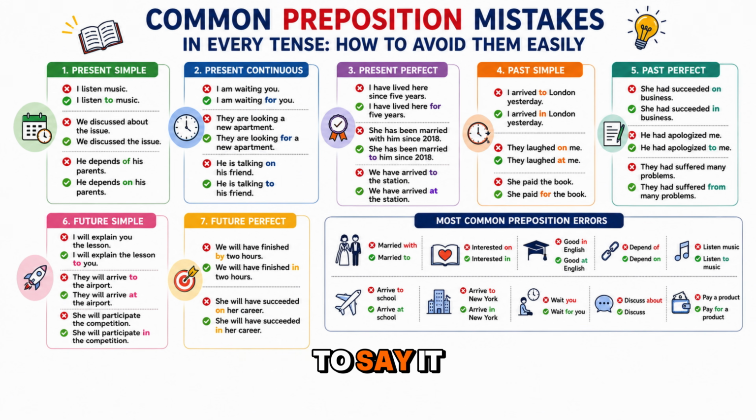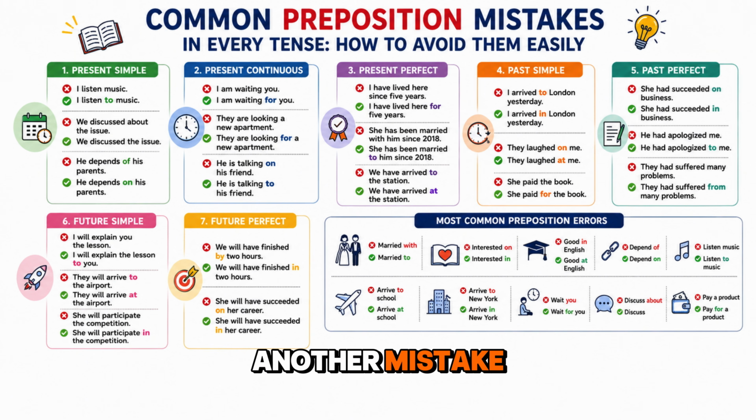The correct way to say it is, "I have lived here for 5 years." We use for when talking about a period of time. We use since when talking about a starting point. For example, I have worked here for 10 years. Another example is, I have worked here since 2015.